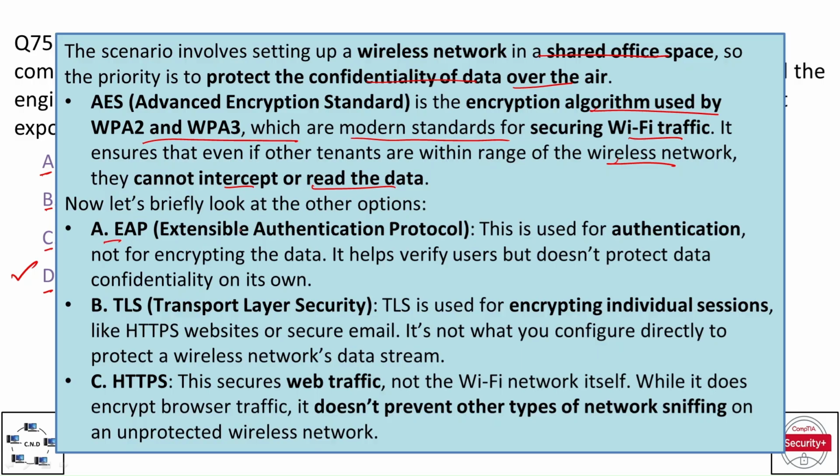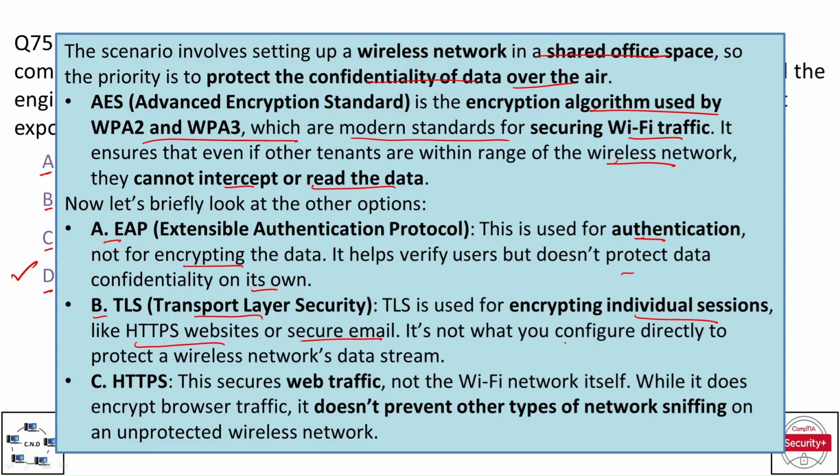Option A, EAP, or Extensible Authentication Protocol, is used for authentication, not for encrypting the data. It helps verify users but does not protect data confidentiality on its own. Option B, TLS, that is Transport Layer Security, is used for encrypting individual sessions like HTTPS websites or secure email.